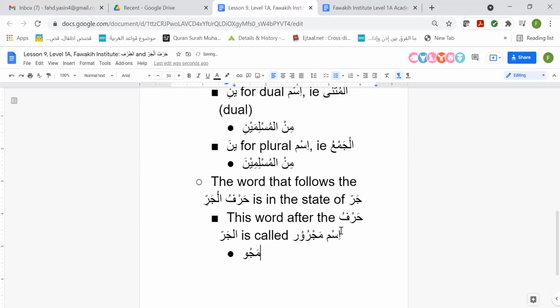Majroor, you guys will learn slowly but surely what they call the tasrifat, which are the conjugations. Every language has conjugations. English doesn't really have many, but Arabic definitely does. French does, German does, most languages do.